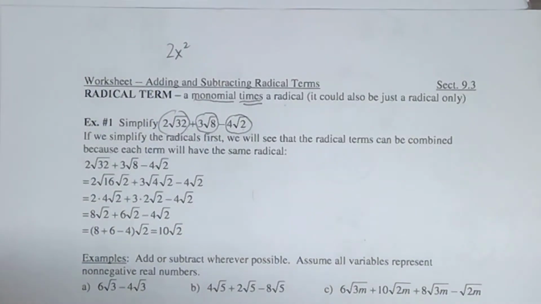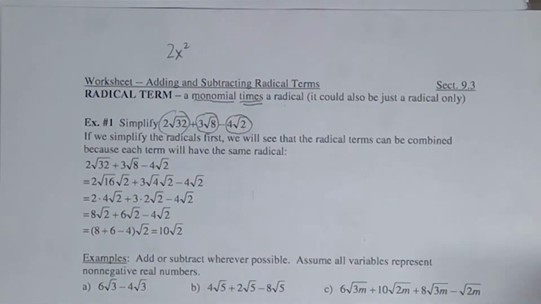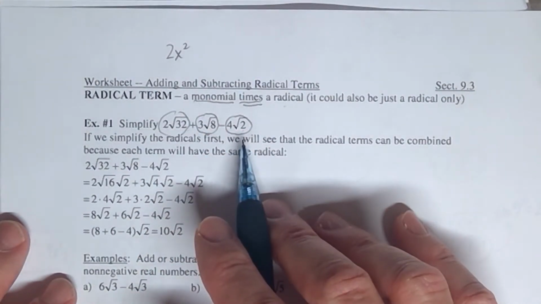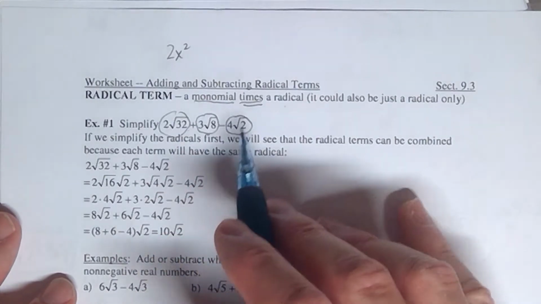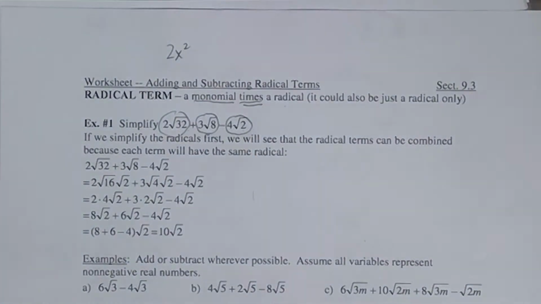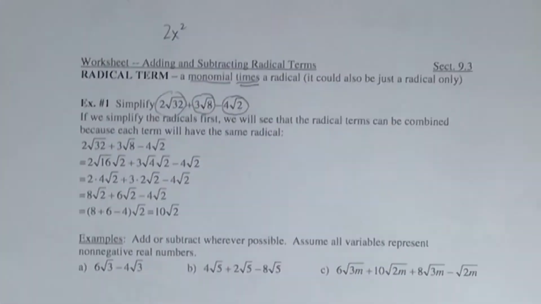Well, just like the variable part of the term needs to be the same, the radicals need to be the same. Okay, so the problem here is that they're not the same. But the thing that's different about these problems compared to the first day of class is that when you had the regular terms and they weren't like terms, you just gave up. You couldn't combine them.